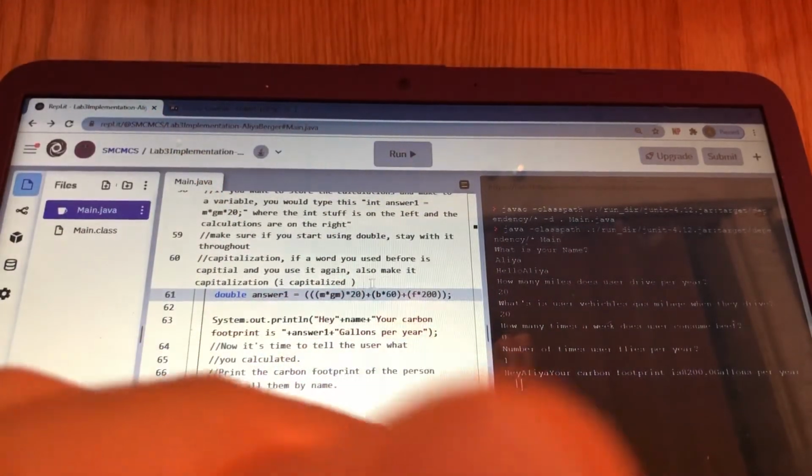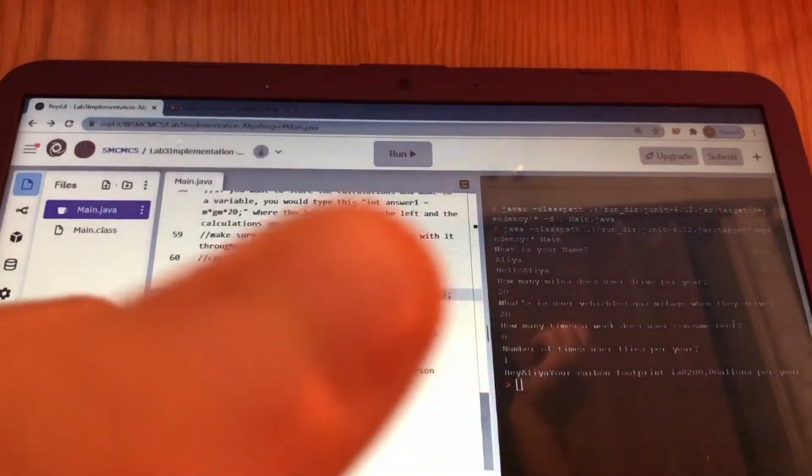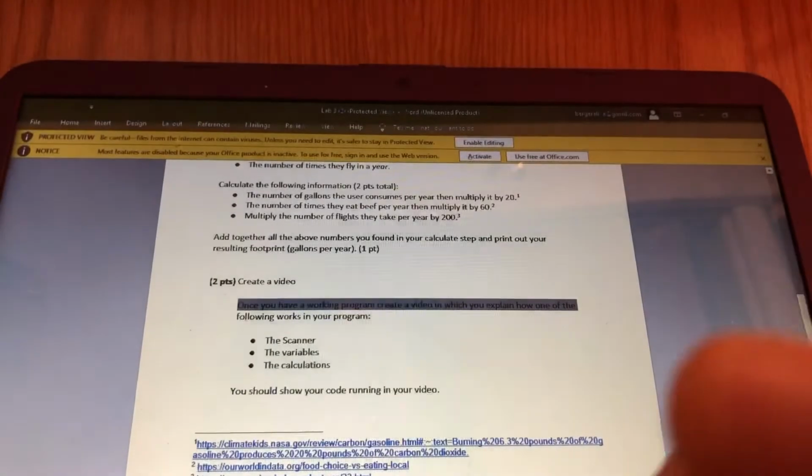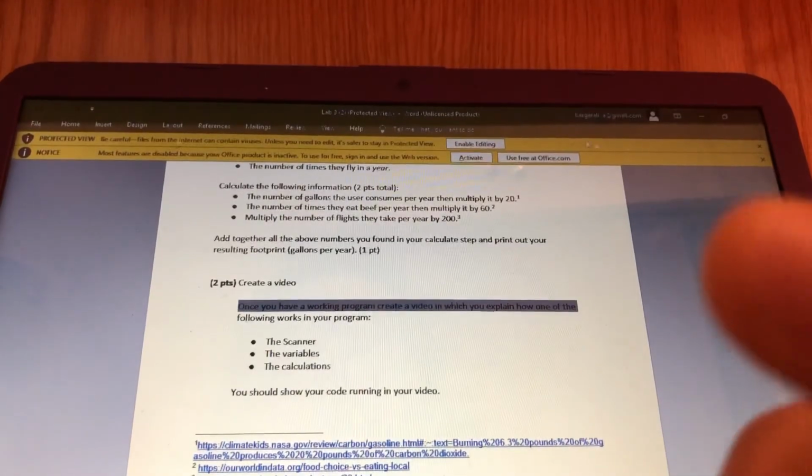Then here is the equation aspect. So if we look right here, m times gm. That is the equation to get the amount of gallons the user consumes per year.